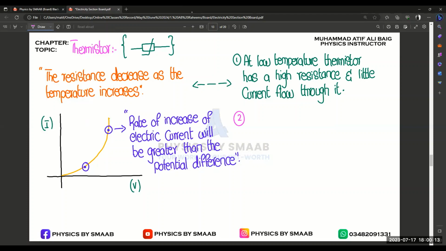So the second point: at high temperatures, because in a filament at high temperature, low current will flow, right?